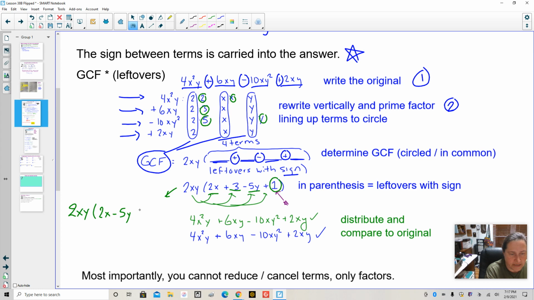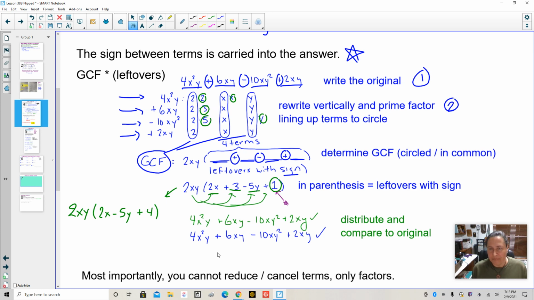Okay? But if I want to check that I did my factoring correctly, I would redistribute 2xy times 2x, 2xy times 3, 2xy times negative 5y, 2xy times 1. And I discovered that my original, that was way up here in blue, matches my redistributed.